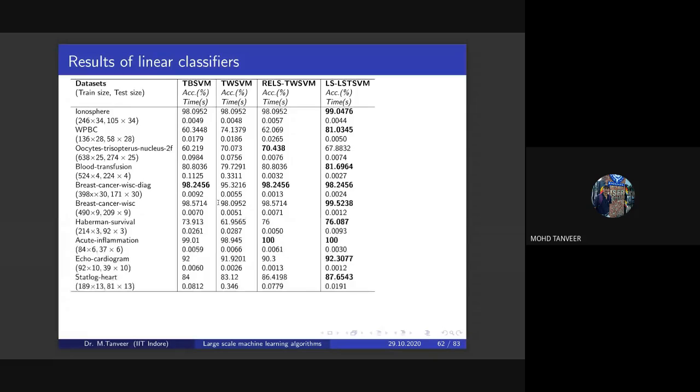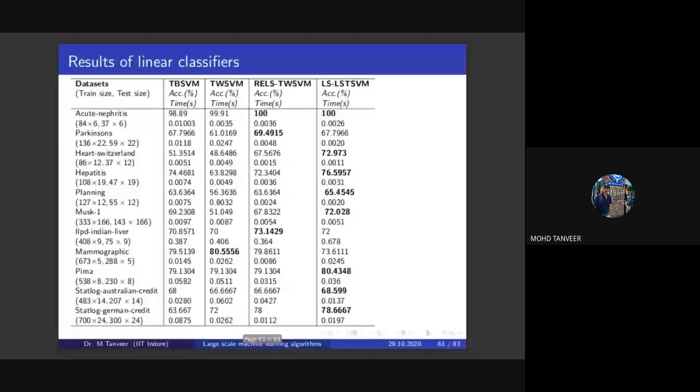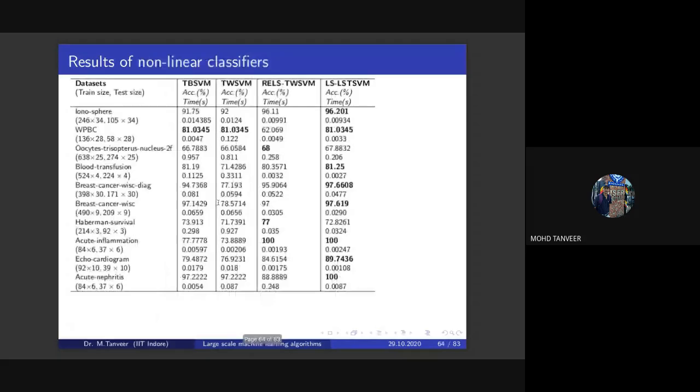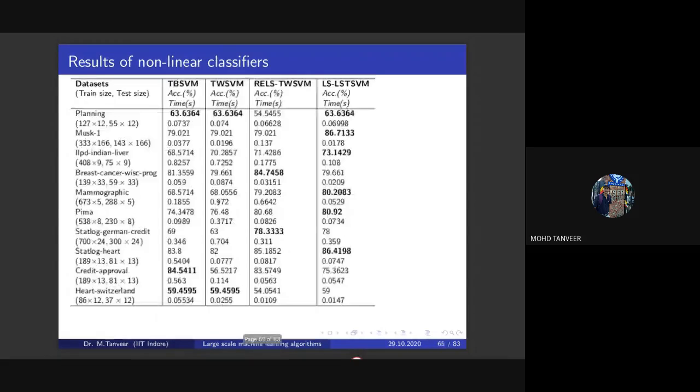In a small size of data, you can see that the results are better when compared with the baseline models. Here also some more data, and this is for nonlinear data. So it's performing better.